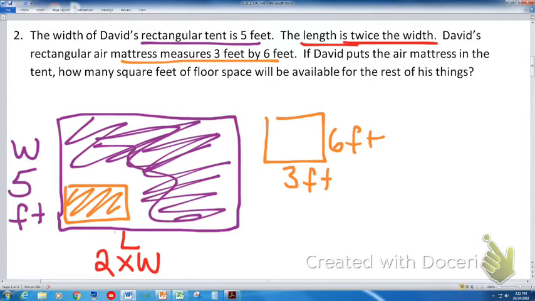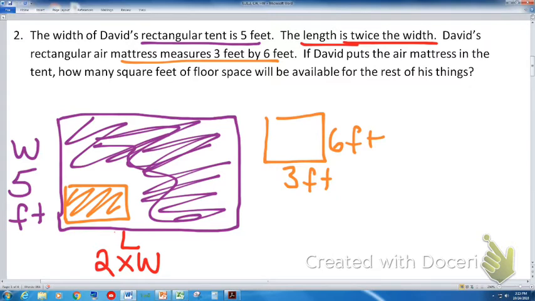So we need to subtract the orange space from the purple space. First, let's find out our total amount of space, how much space is in David's tent.